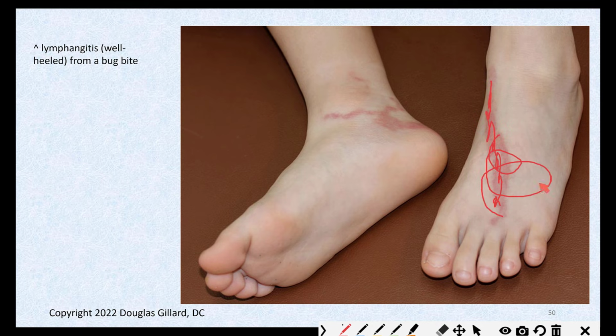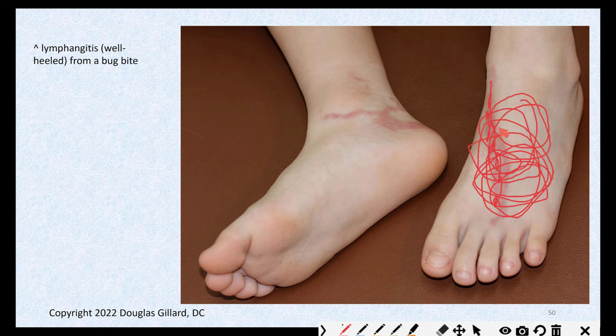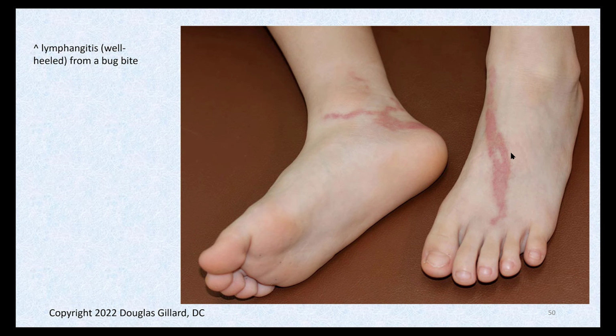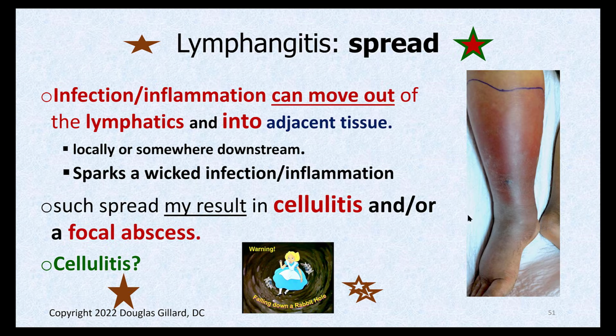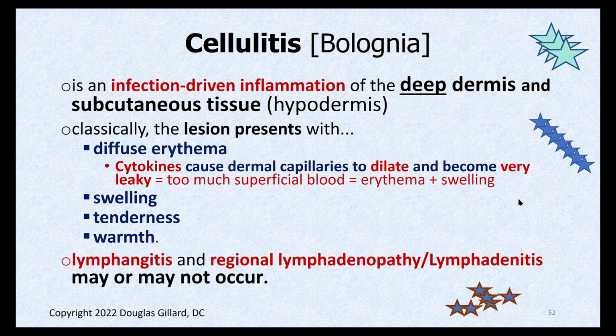But if it's a very aggressive bug, it can start to take over the entire surface of the skin here, or the foot. And that's not good. So that's called a cellulitis. And we need to talk about that, because that's getting close to septicemia, which can be fatal in a large amount of cases. So let's talk about cellulitis.